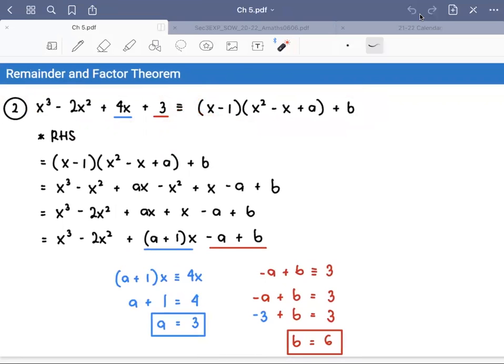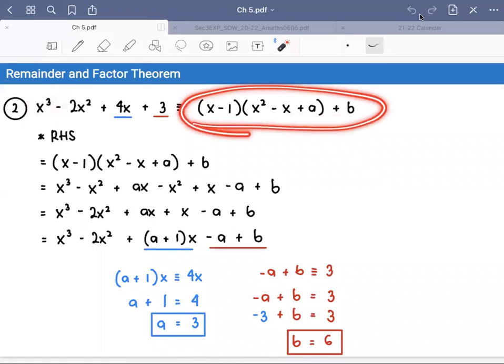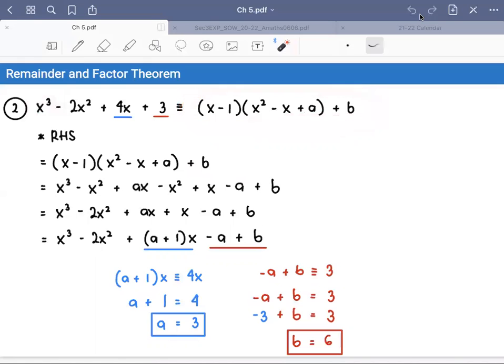So what we're trying to say here, class, is that the coefficient of x cubed here is also equal to the coefficient of x cubed here. That's why we need to simplify this side, and then after that we need to compare the coefficients of each unknown to the other side.